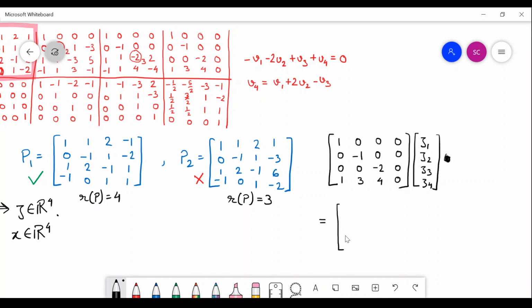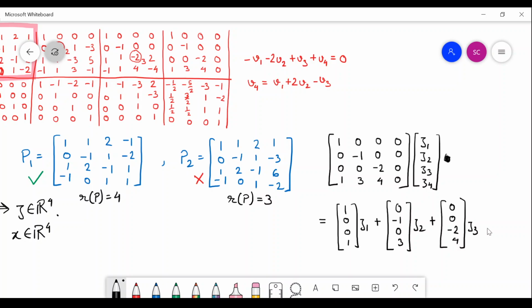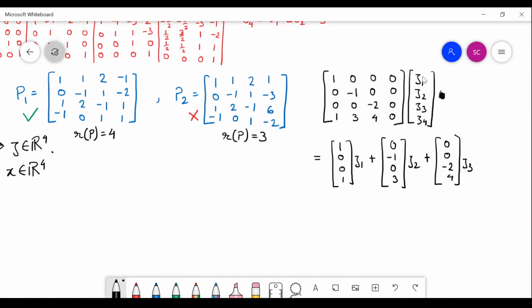So what you are getting is this column multiplied by z1, which is now a scalar, this column multiplied by another scalar, this column multiplied by another scalar. Nothing comes from the last one because it is a zero vector. So whatever be your z4, it cannot contribute anything to this matrix operation on this vector. So z4 has no contribution here.